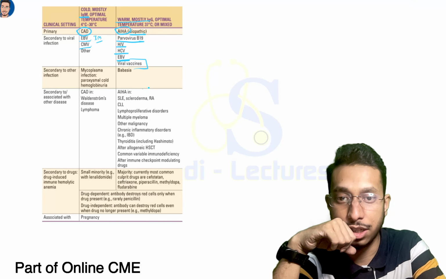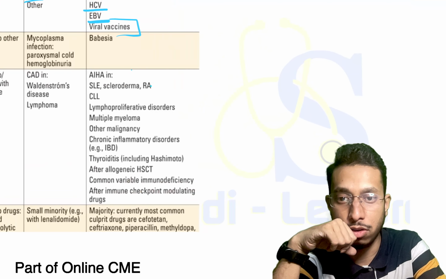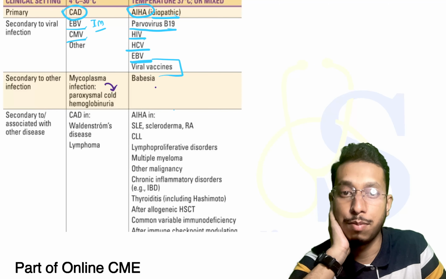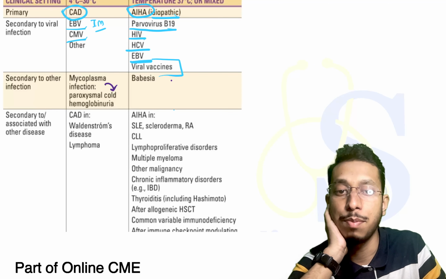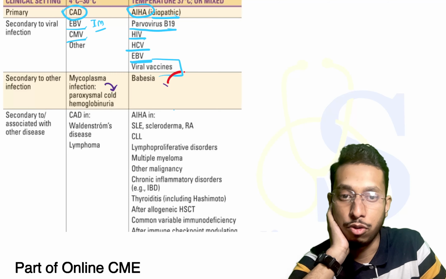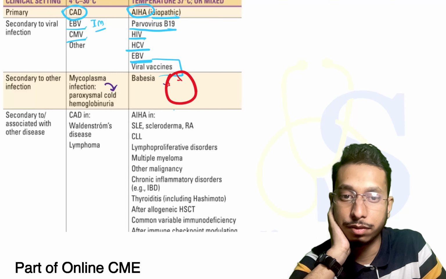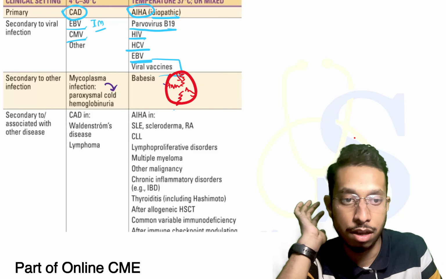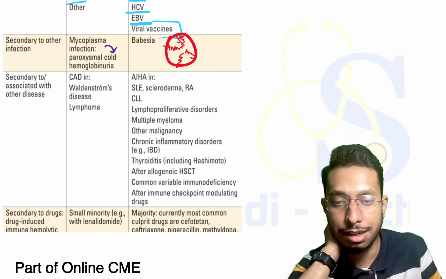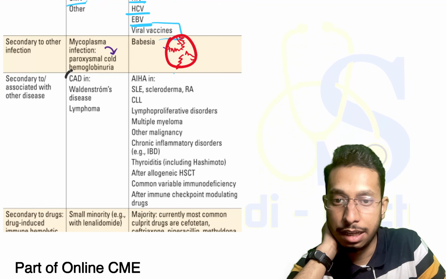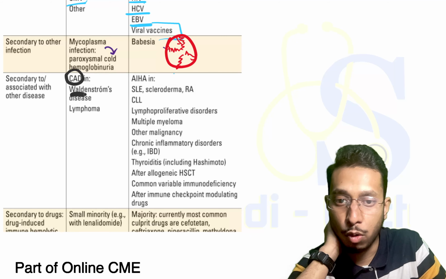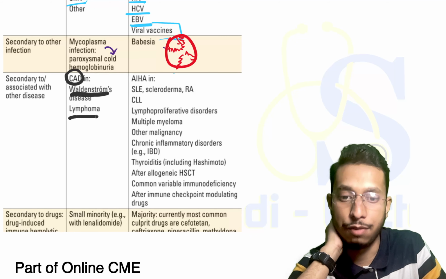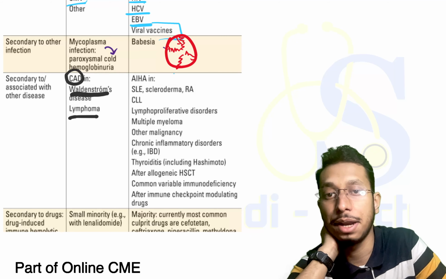Okay, so what are the other infections apart from viral which can cause it? Mycoplasma infection can precipitate paroxysmal cold hemoglobinuria, and babesiosis can precipitate warm hemolytic anemia. Babesiosis is associated, guys, with Maltese cross RBC, right? Now, it can be secondary to other disease. Cold agglutinin disease, CAD here is cold agglutinin disease, is associated with Waldenstrom macroglobulinemia or lymphoma, or there is malignancy, and autoimmune goes hand in hand with other disease, right?